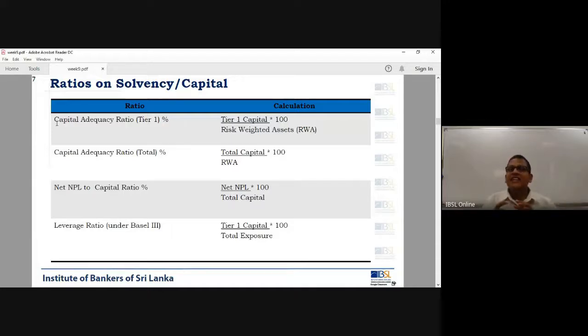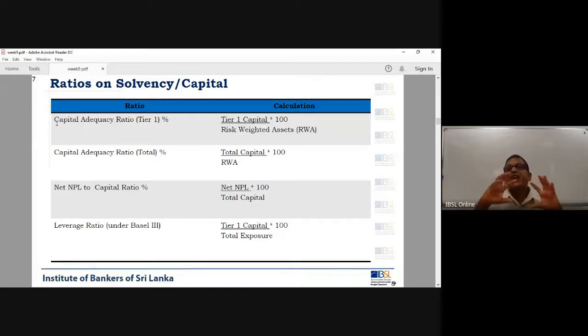Then what they have done is divide the capital into tier 1 capital and tier 2 capital. Tier 1 is the high quality capital, as I mentioned already, which should be paid up capital, and it can be retained earnings or revaluation reserve.